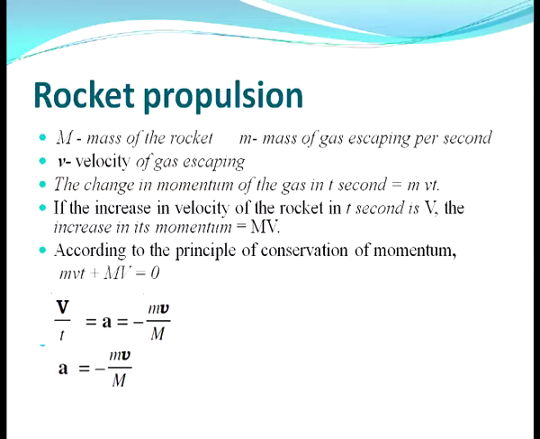As velocity by time equals acceleration, V by t equal to a, which is equal to minus mv divided by capital M. So, acceleration equals minus mv by M. This is how you can find out the acceleration of the rocket.